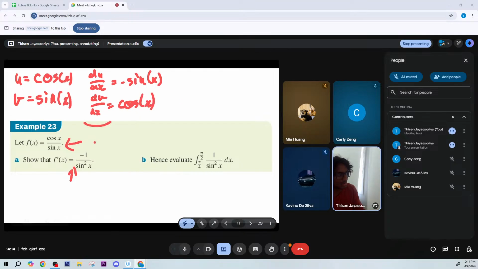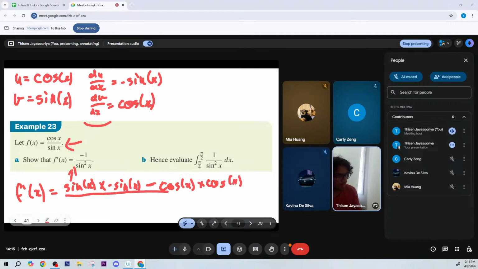So that means here, f dash of x is just going to be v times du on dx, so sine of x times negative sine of x, take u times dv on dx, which is cos of x times cos of x, over v squared, so sine squared of x.